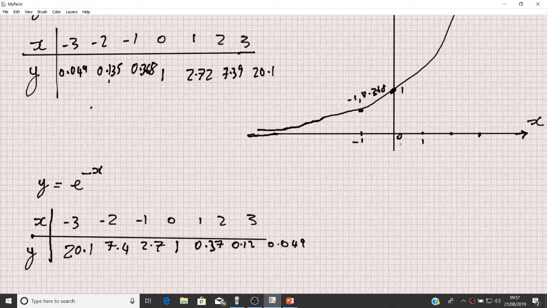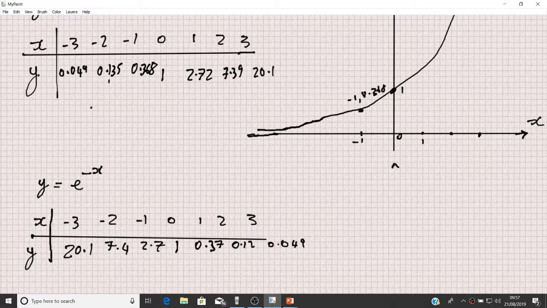So in fact this curve is a reflection, a mirror opposite of the previous one. If we consider the y-axis as a mirror, it reflects in the y-axis to compare to the previous one.